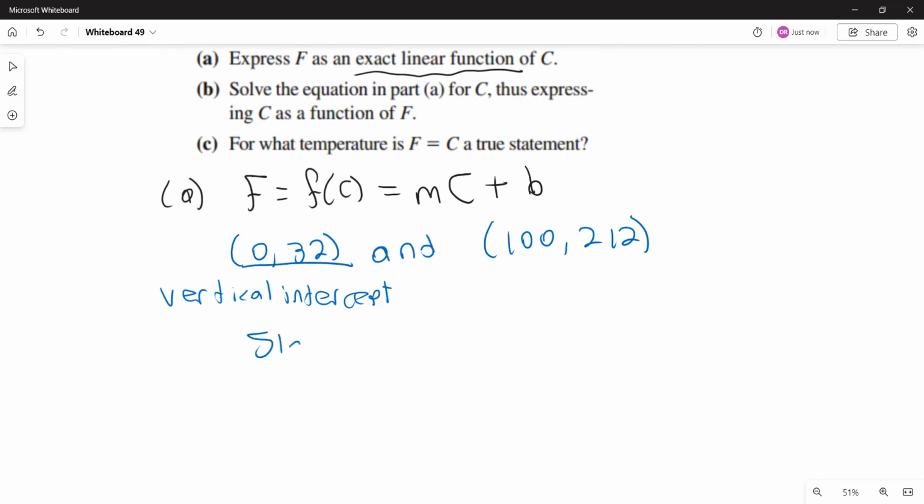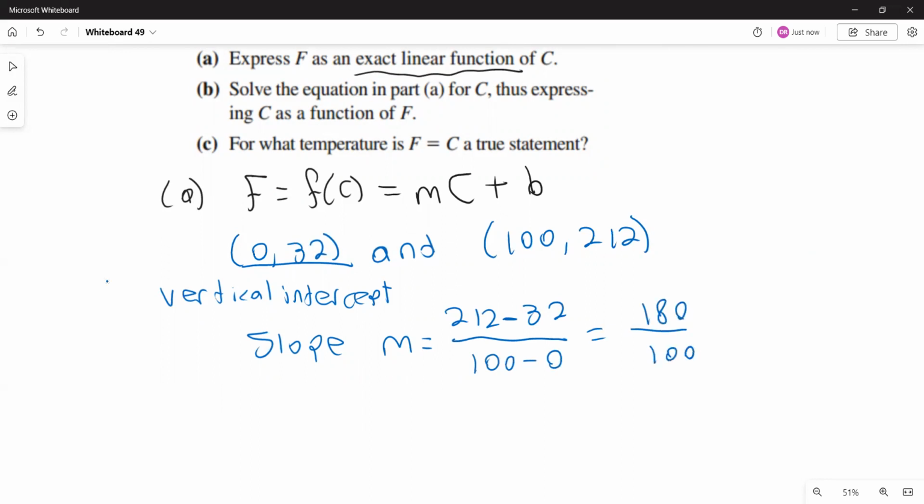And the slope is (212 minus 32) over (100 minus 0). So that's 180 over 100. Let's simplify the fraction. Most of the time, this is written as a fraction.